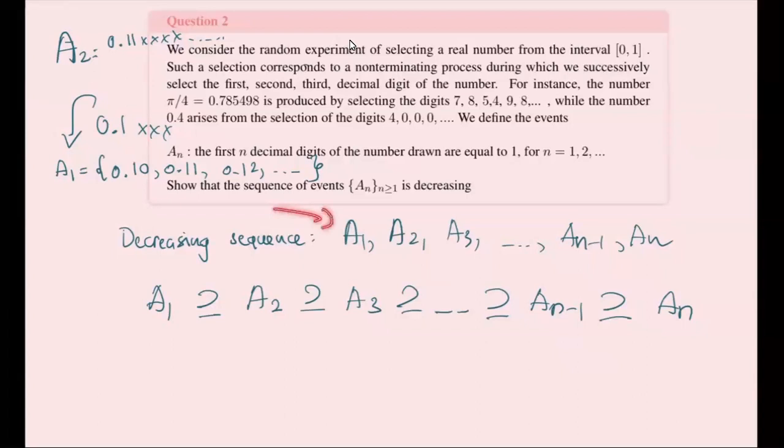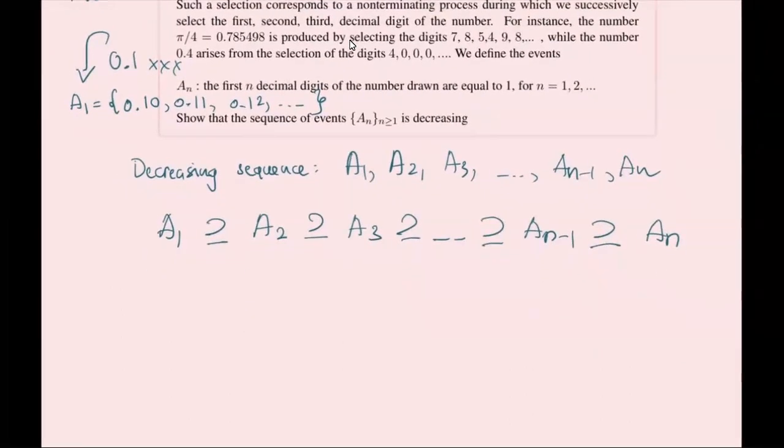And this is what we want to show. We want to show that An is a subset of An minus 1, An minus 1 is a subset of An minus 2, and up to A2 is a subset of A1. I will leave you time to think about this.